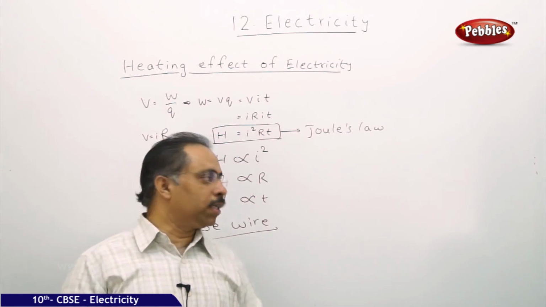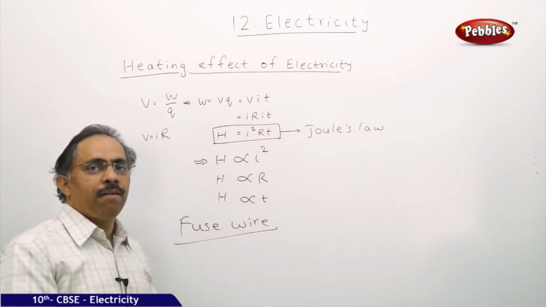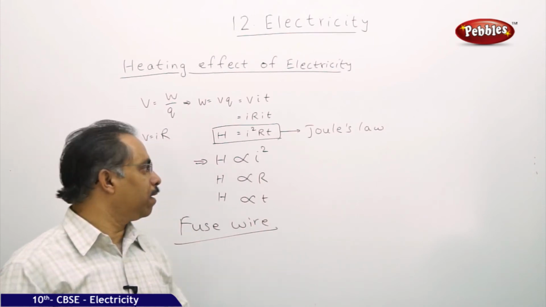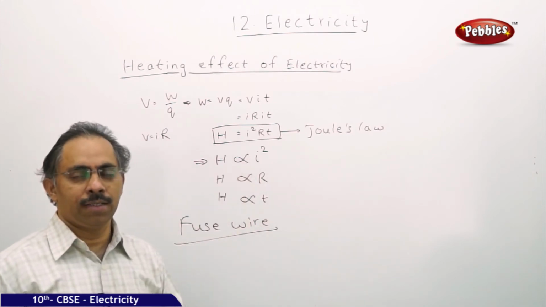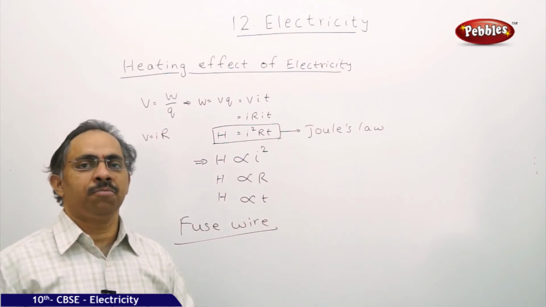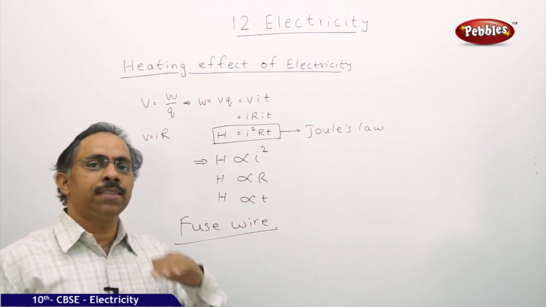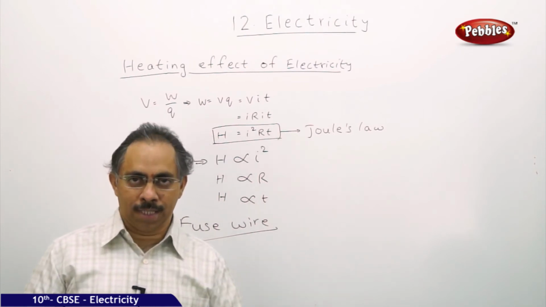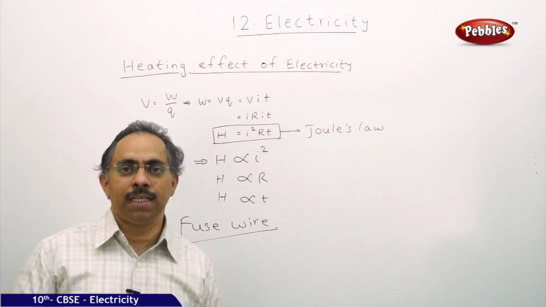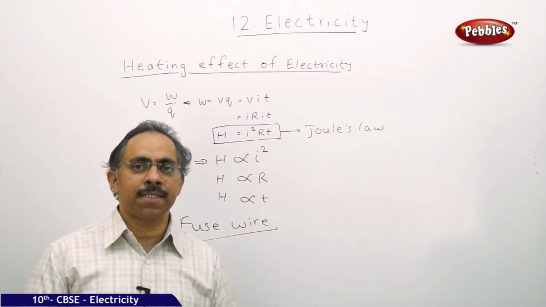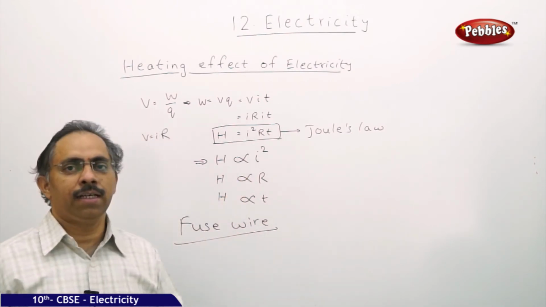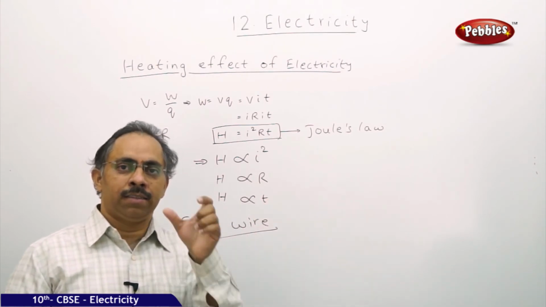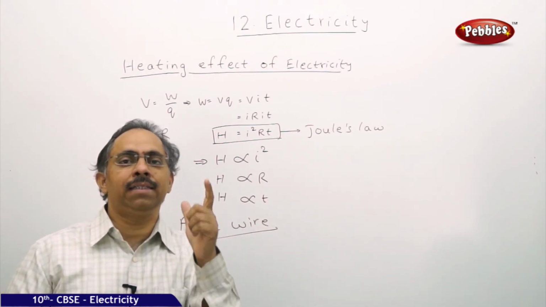The concept of the fuse wire is that when current passes through it, because H is proportional to I square, heat is generated. When the current passing through the wire is more than the maximum limit, the heat produced becomes so much that it will melt the wire.